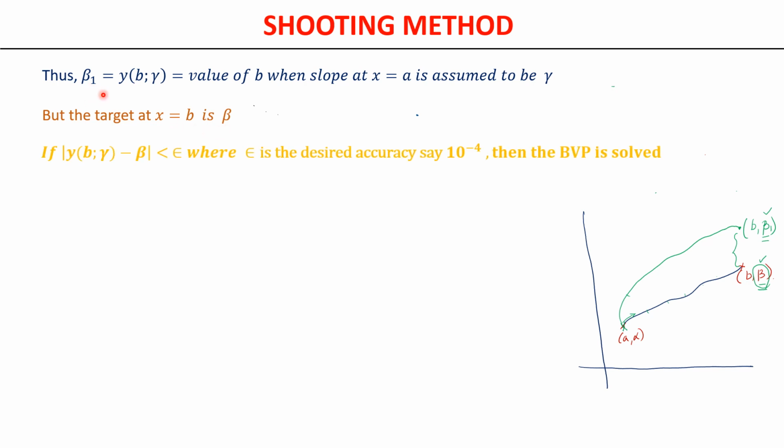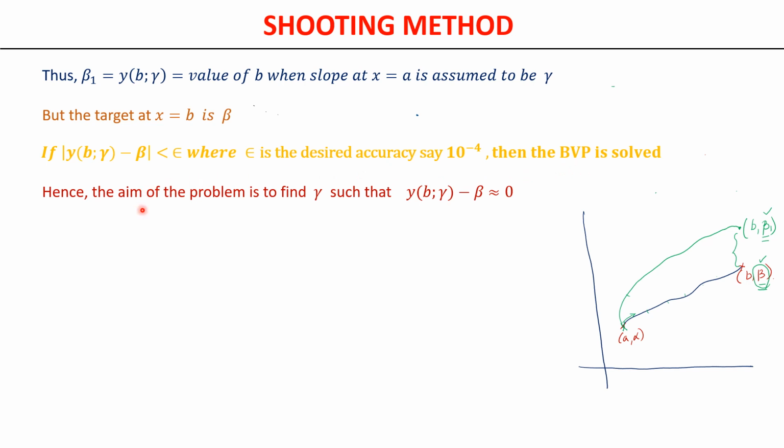So suppose the difference between beta 1 and beta, that is the difference between y of b comma gamma, which is beta 1, and beta, is less than epsilon, where epsilon is the desired accuracy or the precision that we require, which we have taken as 10 power minus 4 in our case, then the BVP is solved. We conclude the BVP is solved.